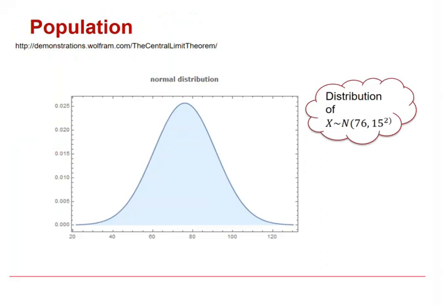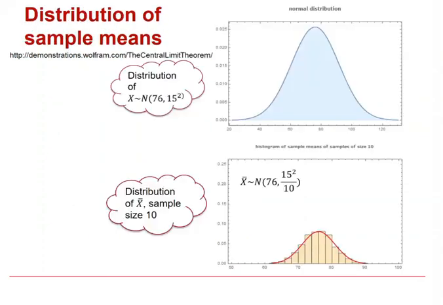So I have plotted here using Wolfram, and the link is at the top of the page there, a normal distribution where the mean is 76 and the variance is 225. And what is very useful to do with Wolfram in the central limit theorem demonstration is to set it up to take and plot sample means from that original population.